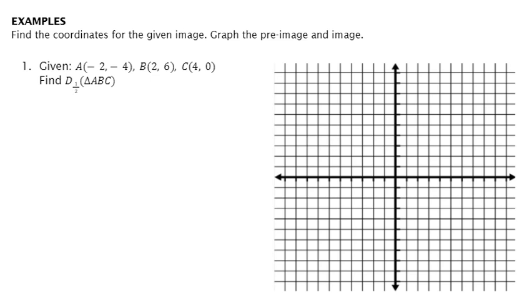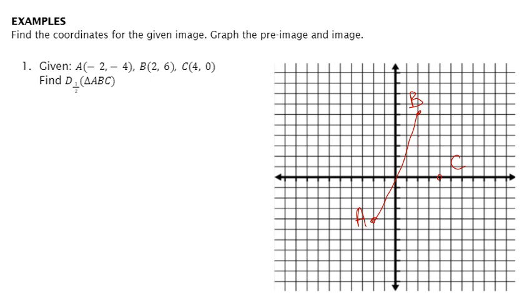So we can see triangle ABC. We have a point at -2, 4. We always like to label our points, so this was A. B was 2, 6. And C is 4, 0.